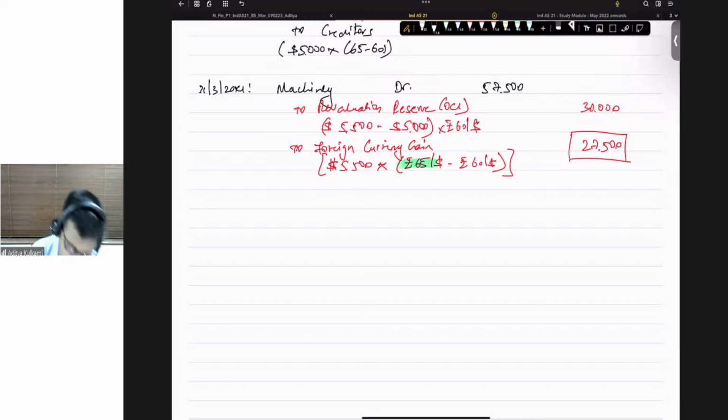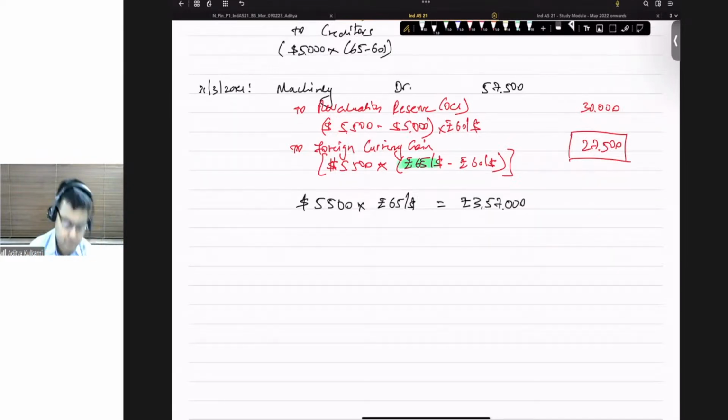That gave you 27,500. Alternatively, you could also get 57,500 as 5,500 into rupees 65 per dollar. This gives you rupees 3,57,000. And you had recorded initially at 3 lakhs.